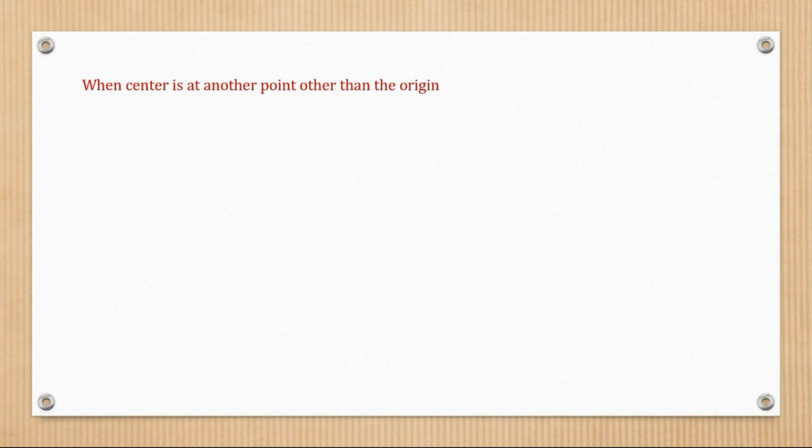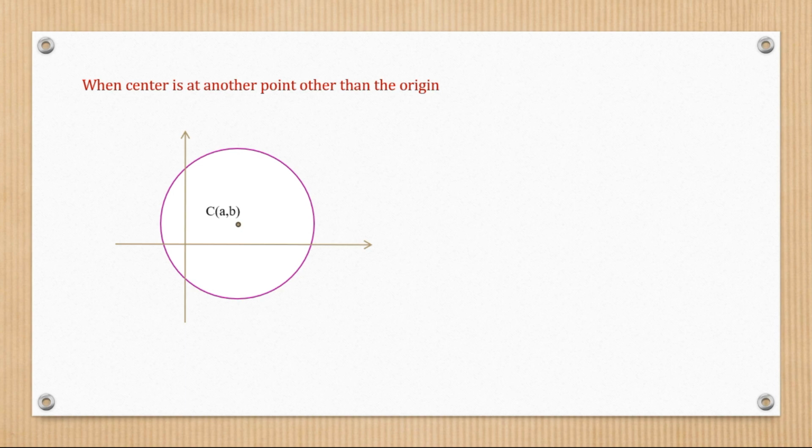Alright, so how about when the center is at another point other than the origin? This is an example of a circle whose center is not at the origin. These are going to be representing points A and B on the x and y axis. To get the coordinates of P, we look at it this way.